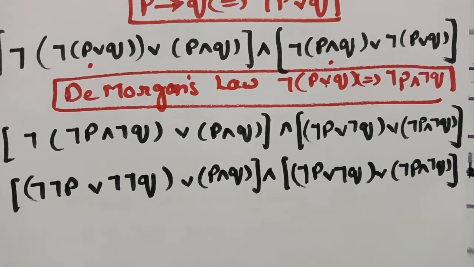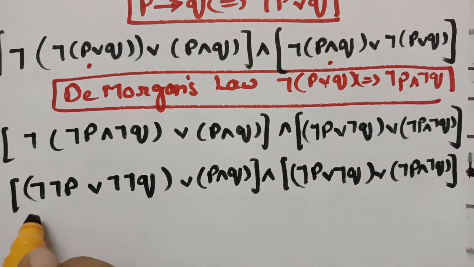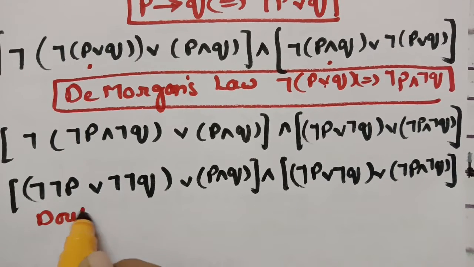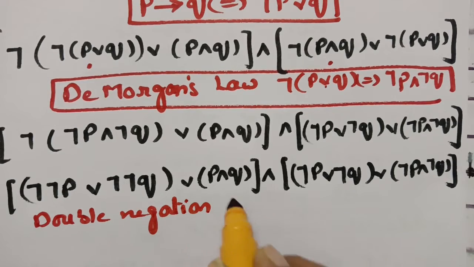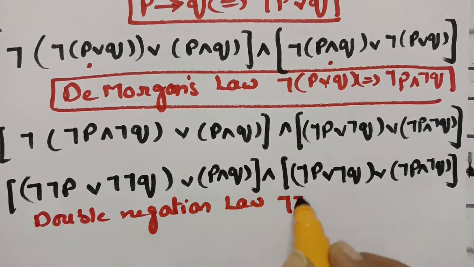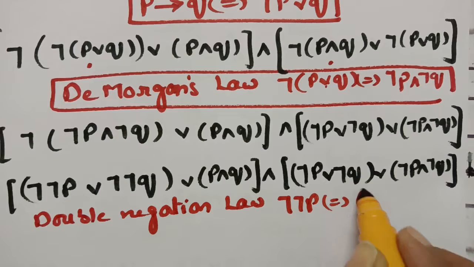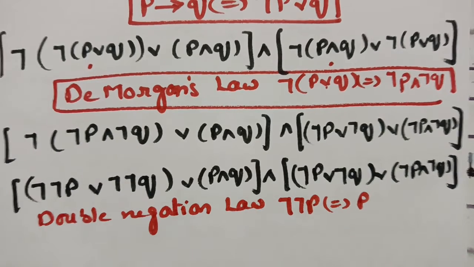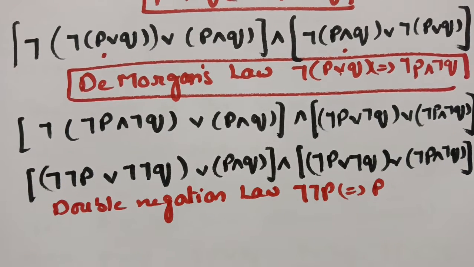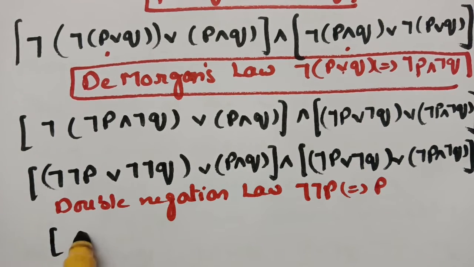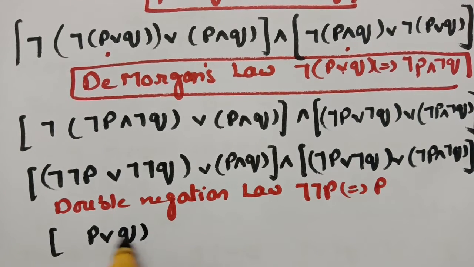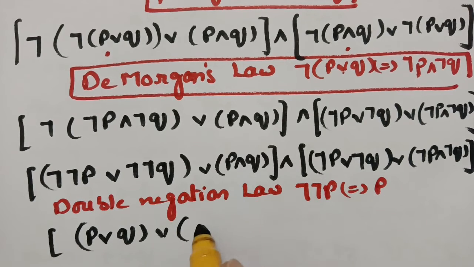Clear? So this will be double negation. According to our double negation law, as you know, negation of negation P is equivalent to P. So negative negativity will become positive. See here, remember, I'm applying the double negation law here. So this will be (P or Q), or, this will be (P and Q).